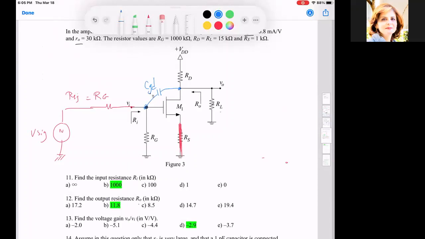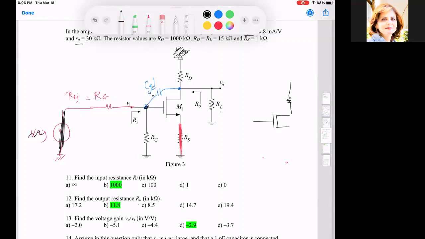Automatically, if I want to find the resistance seen by CGD, what do I do with the signal sources? This is grounded because it's small signal, so it will go down to 0. I will short Vsig. Okay, now we have the traditional example of a common source amplifier.